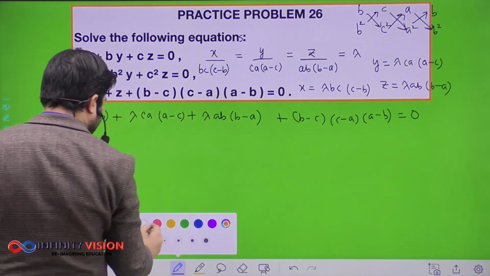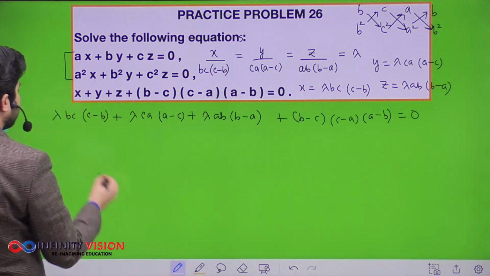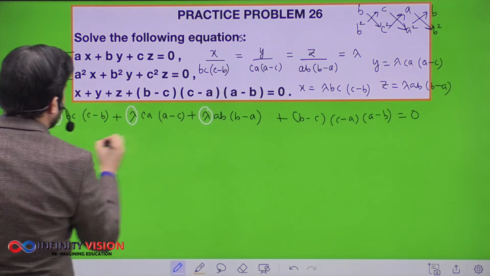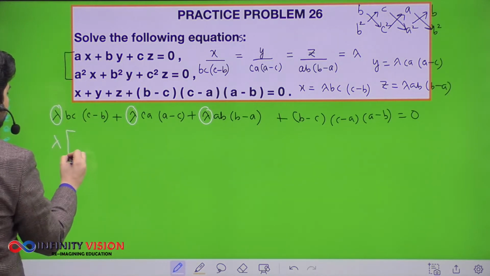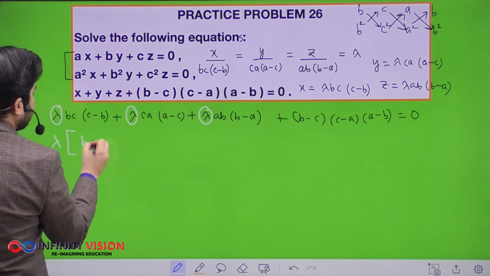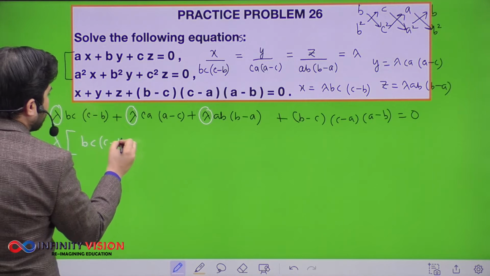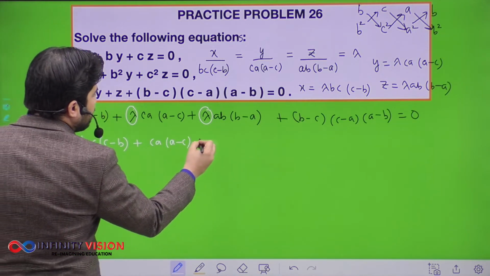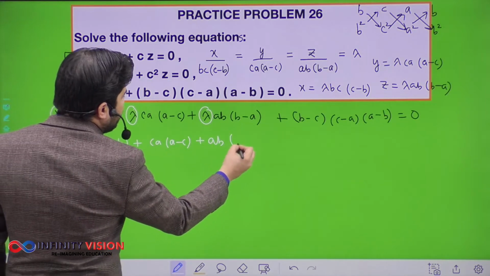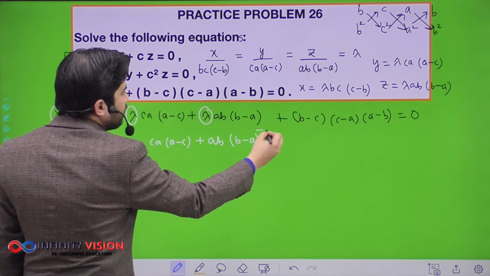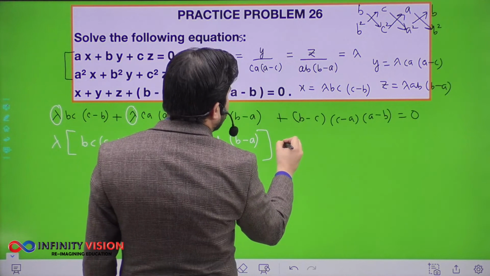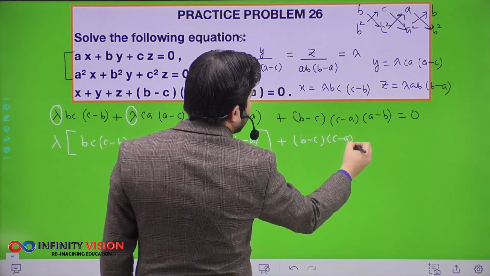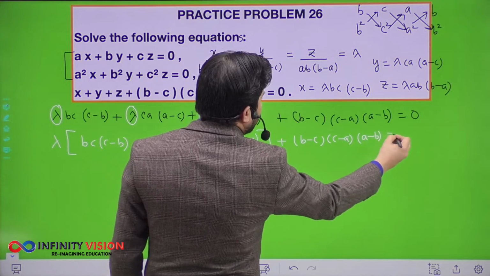Now what we can do, if you notice here, lambda is common, so I'll just take out lambda common, and here you can say bc into c minus b plus ca into a minus c plus ab into b minus a plus b minus c into c minus a into a minus b equals to 0.